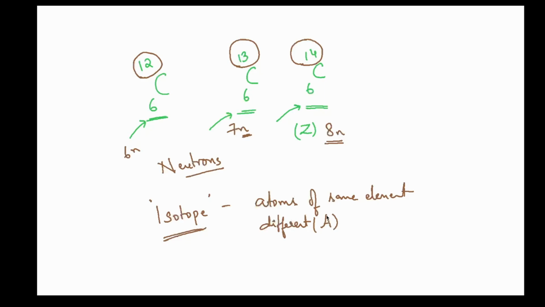So in this case, these 3 forms of carbon can be designated as isotopes because all of them have the same number of protons, but they only differ in the total number of neutrons. The most common form of carbon, which is this one, has 6 neutrons, but carbon can also exist in nature with 7 neutrons and 8 neutrons. So these 3 forms are called isotopes, and they should be of the same element.